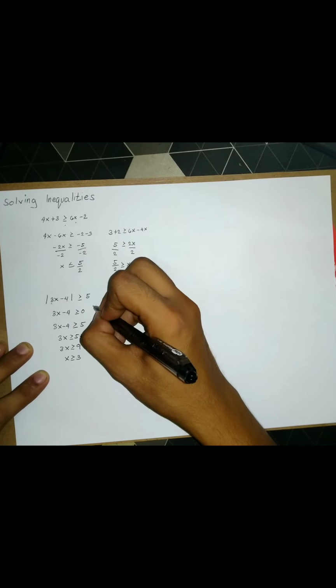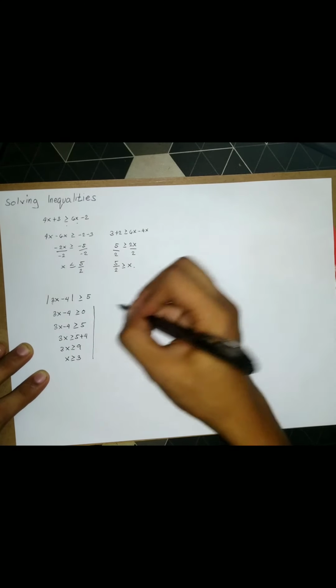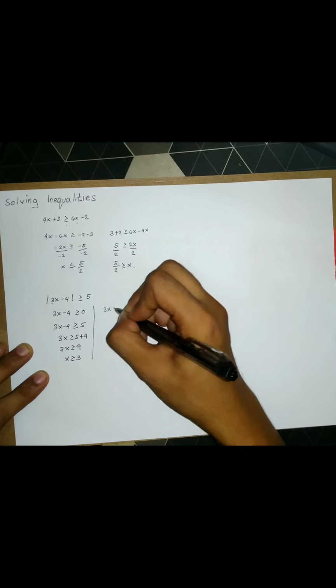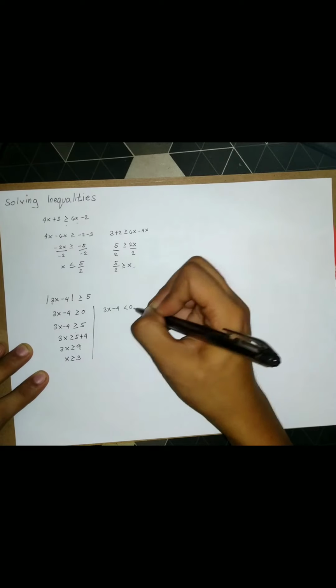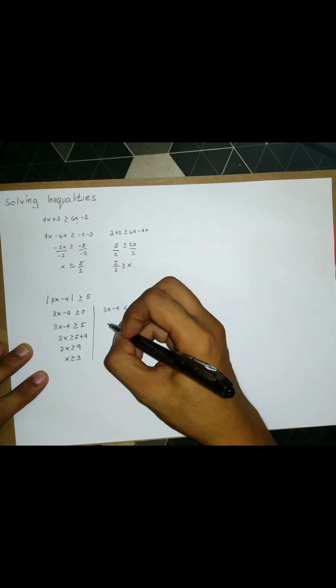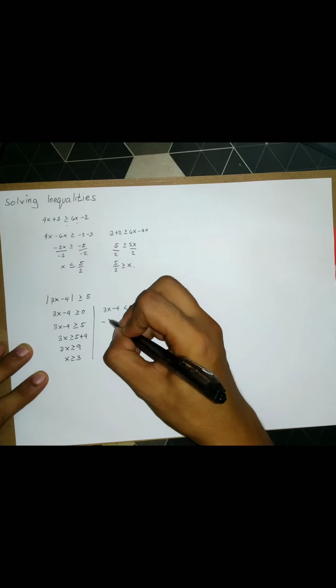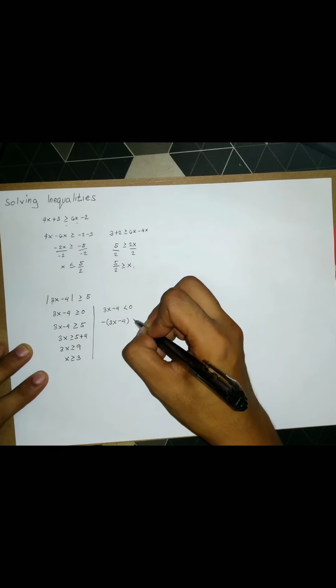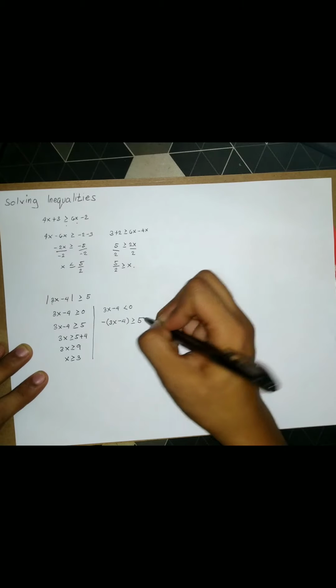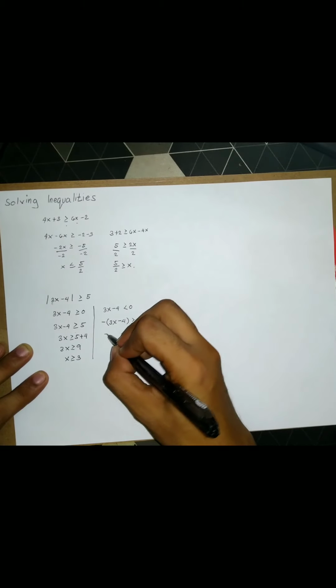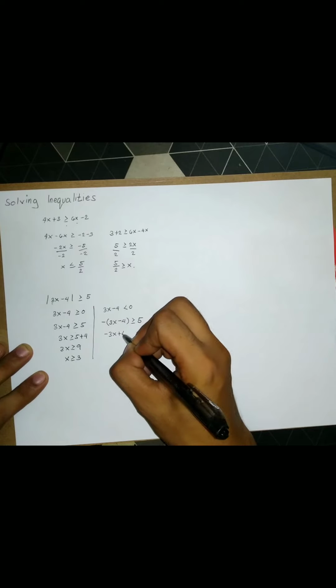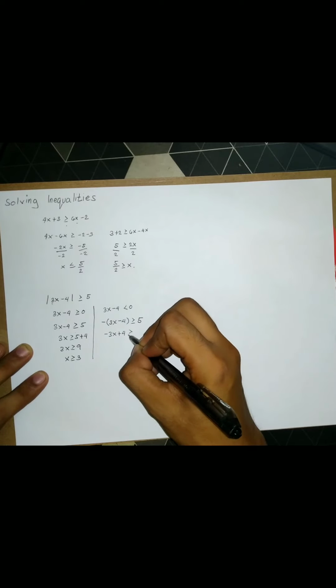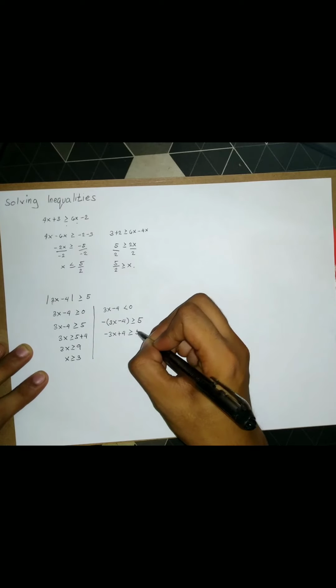Now, what if 3x minus 4 is less than 0? From the property of absolute values, that becomes negative of 3x minus 4 is greater than or equal to 5. So that's negative 3x plus 4 is greater than or equal to 5.